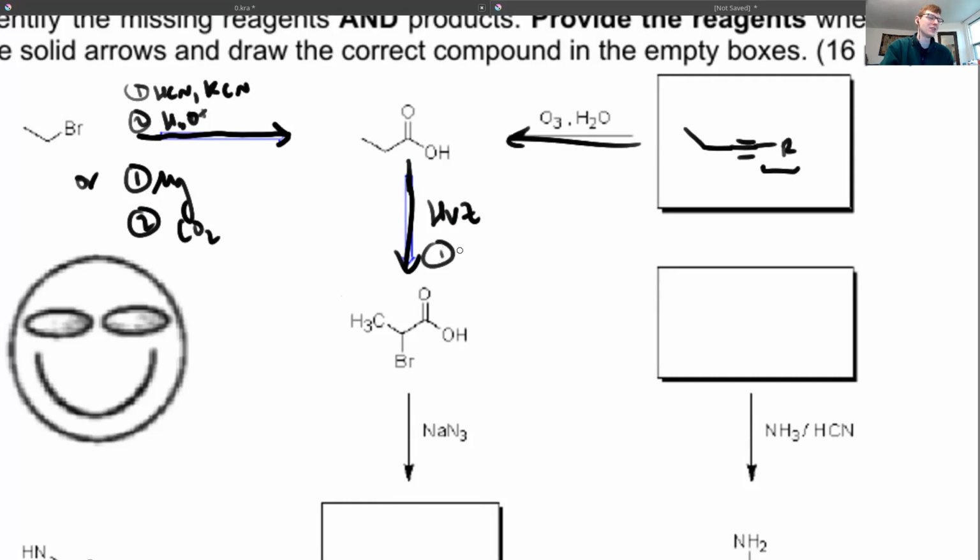HVZ is one of those that's so well named that it's just easier to remember HVZ. Although I think we do need to put the reagents. So yeah, it's Br2, catalytic PBr3 or PBr3, and water. That's what it looks like.